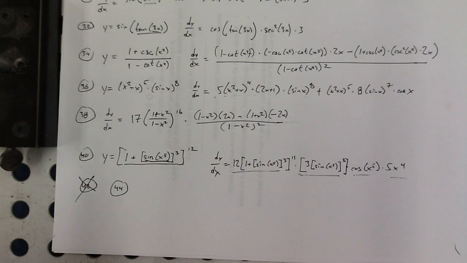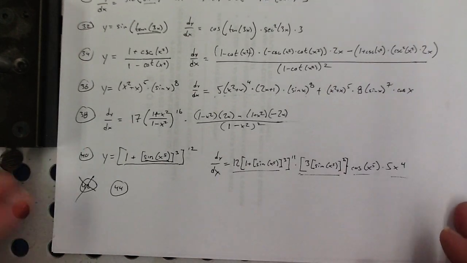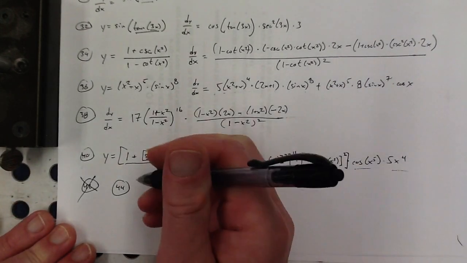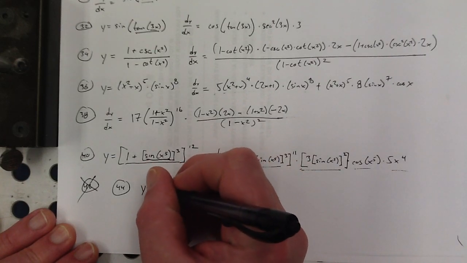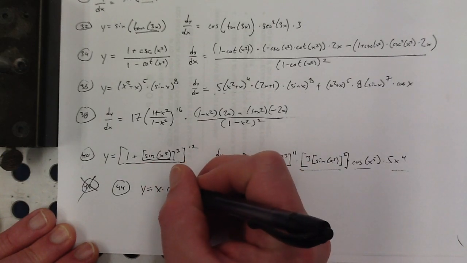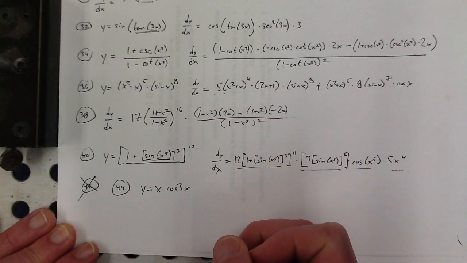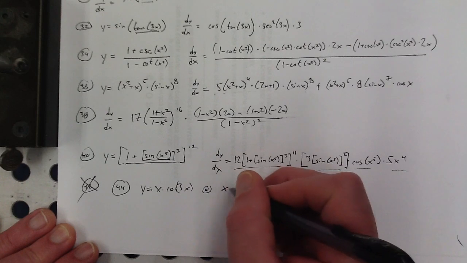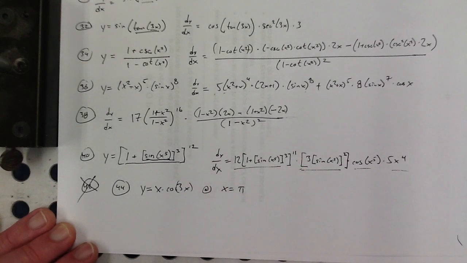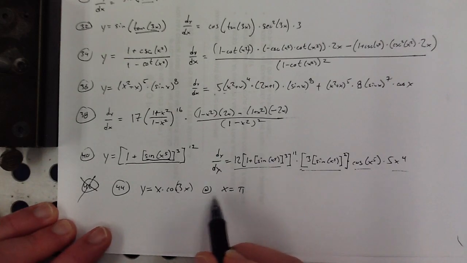Hey, tangent lines, got to know how to do this. So let's see. I'm going to make an equation for a tangent line to that at x equals pi. To write the equation for a tangent line, I need a point and I need slope.